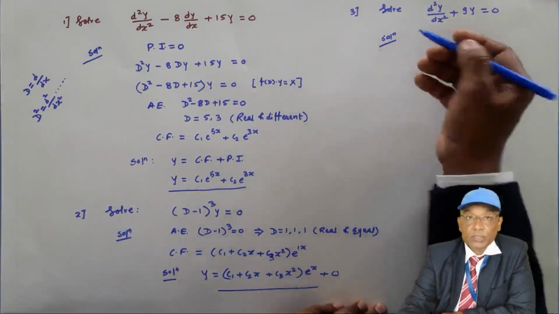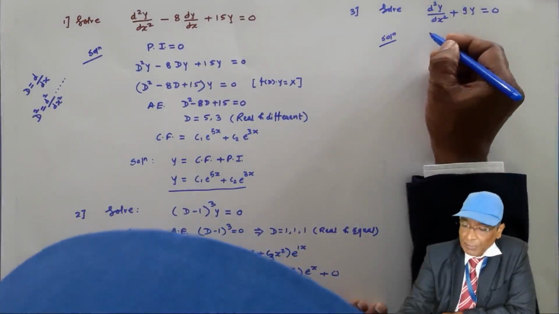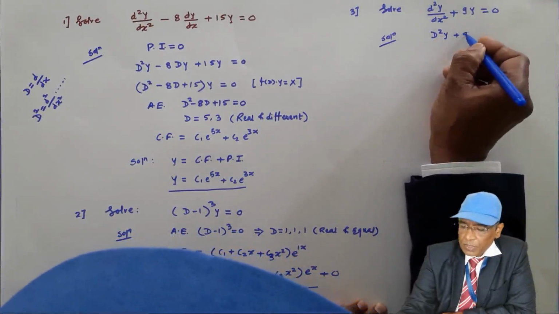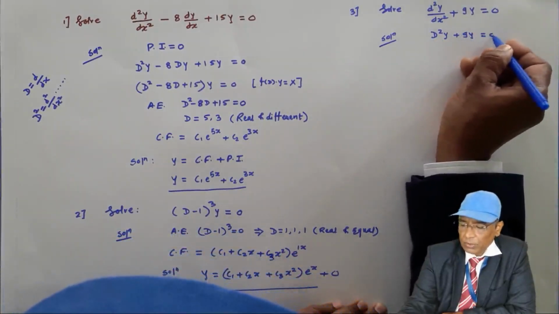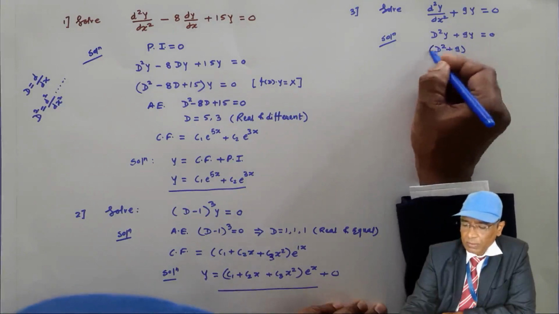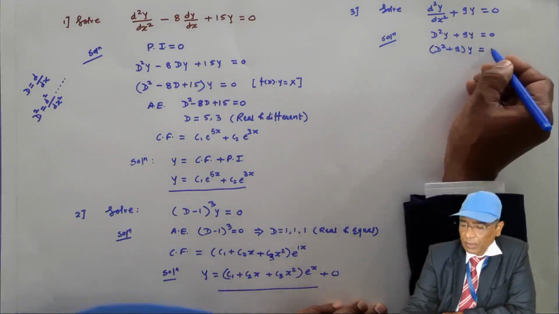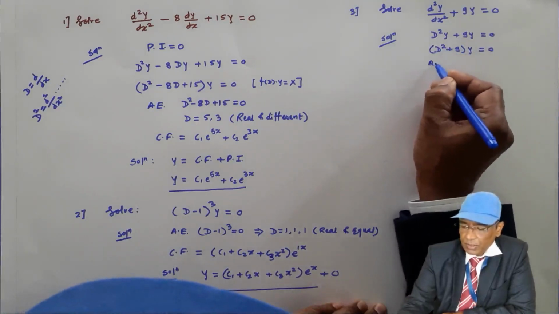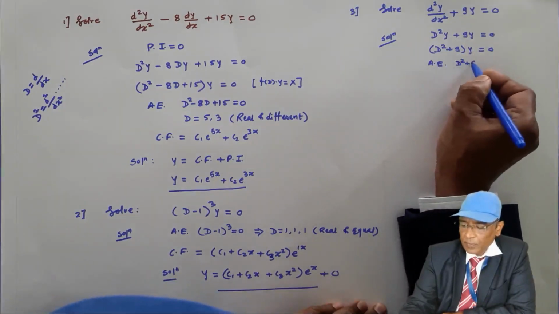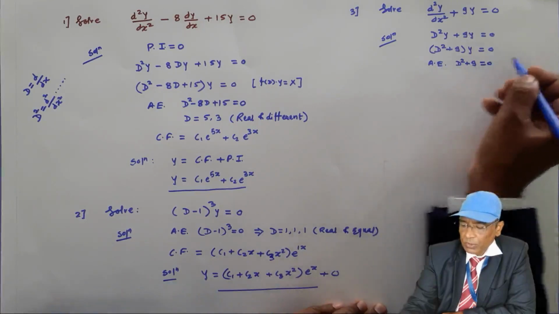First of all, I am writing this equation in terms of capital D: D square y plus 9y is equal to 0. Take y common. Then write the auxiliary equation: D square plus 9 is equal to 0.